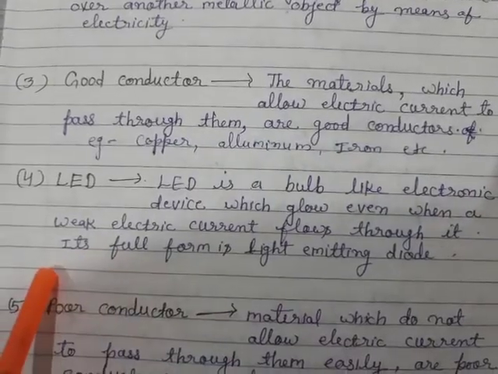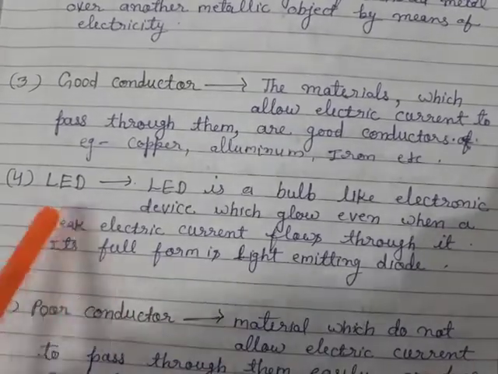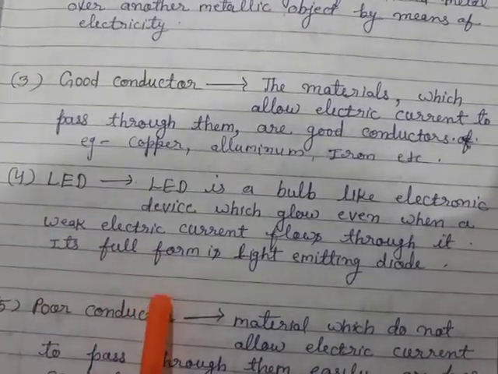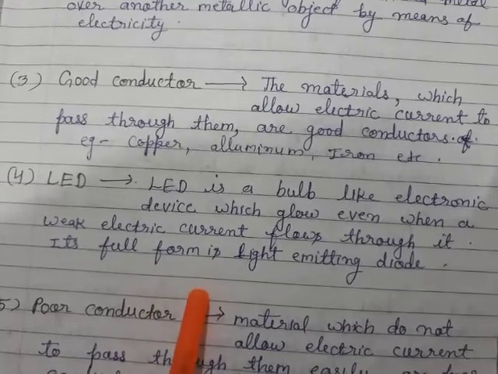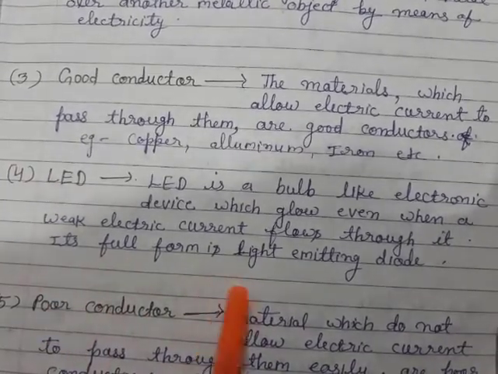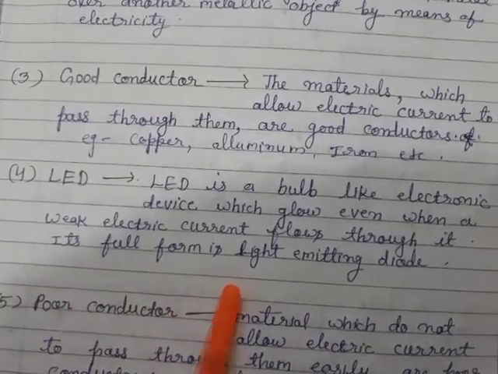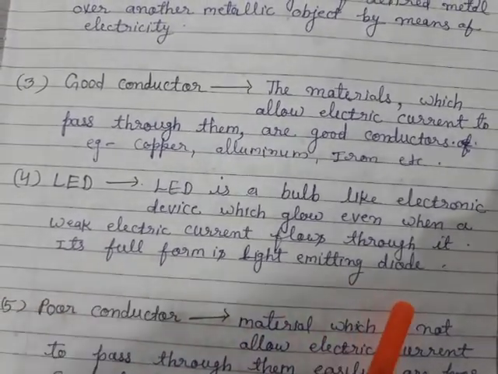So we define the leads in this manner. LED is a bulb-like electronic device which glows even when a big electric current flows through it. Its full form is light emitting diode.